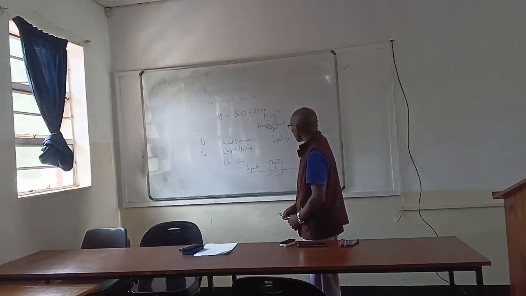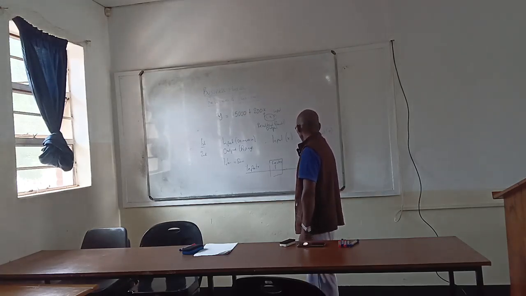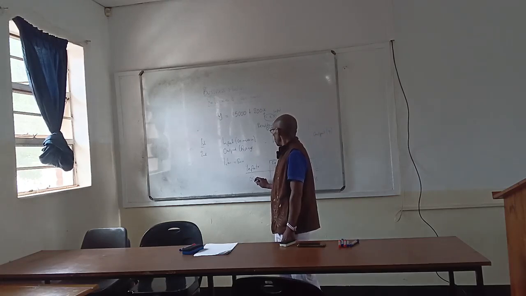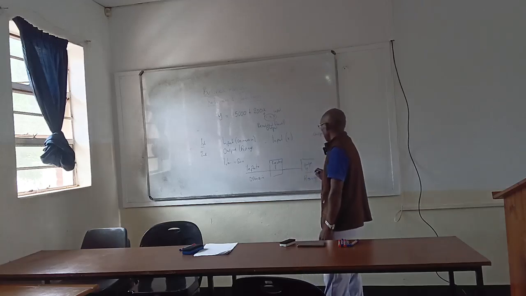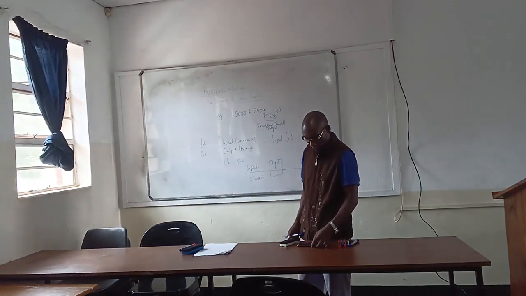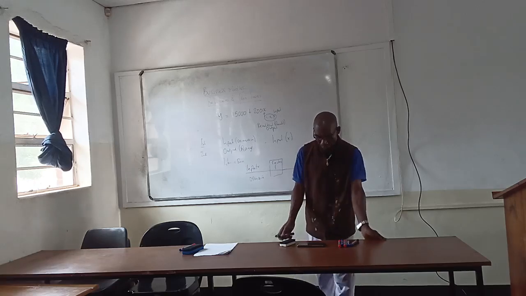So the output is the range. The input is the domain. So domain is the input and the output is the range. Something like that. So F is the factory where you have to process. So a function is usually represented as f.